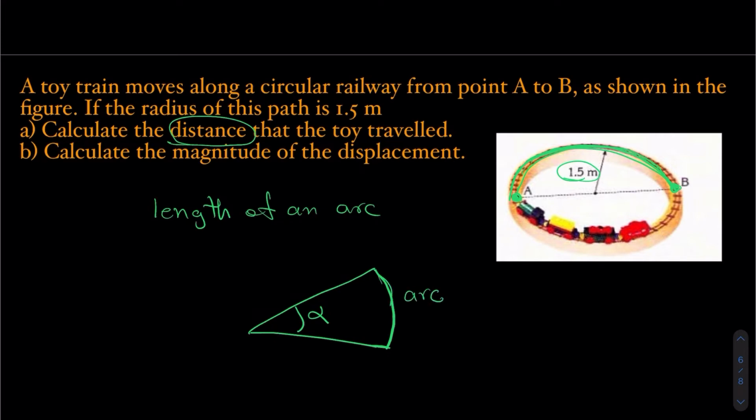We want to calculate the length of this arc. The length of the arc is equal to r times alpha, but this alpha must be in radians.